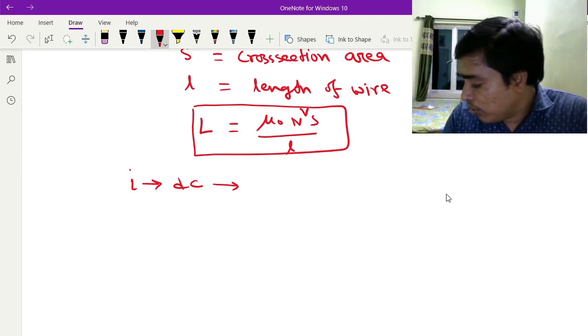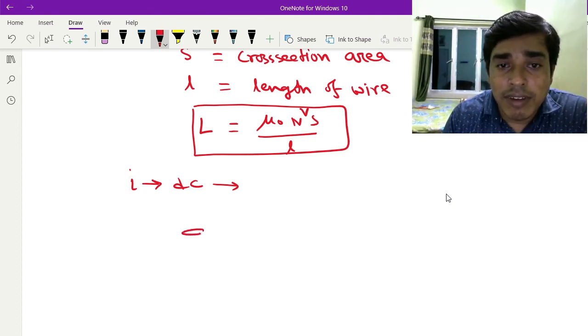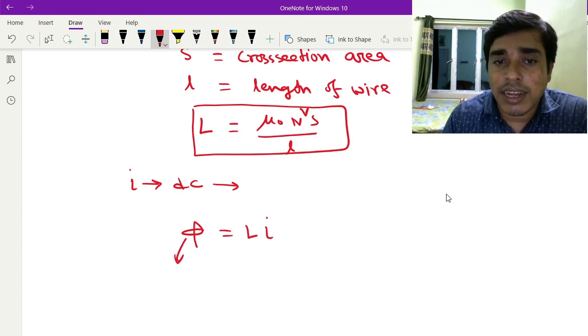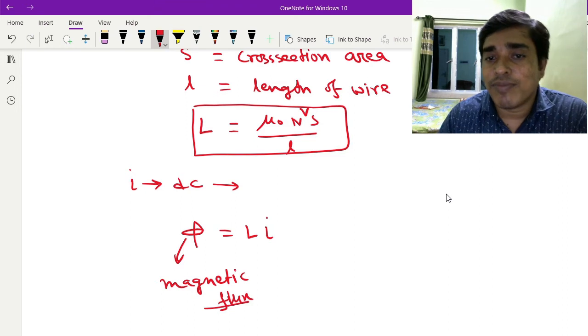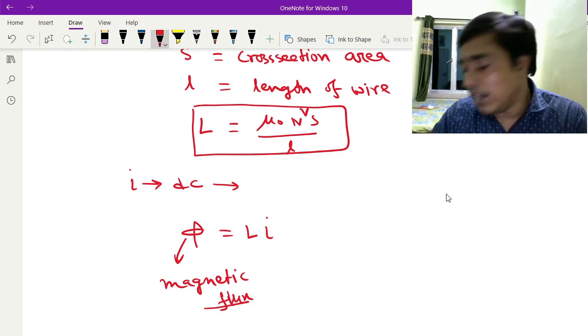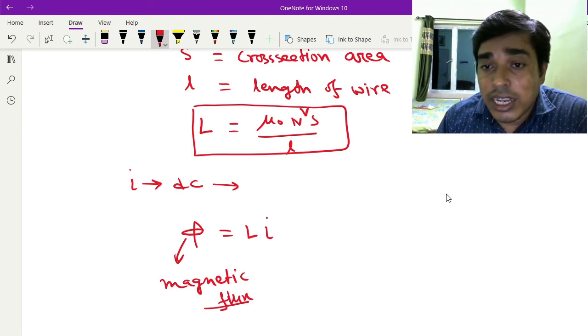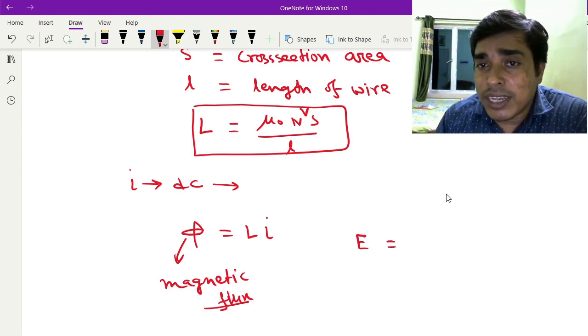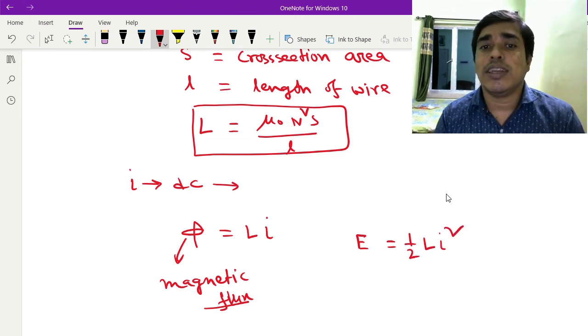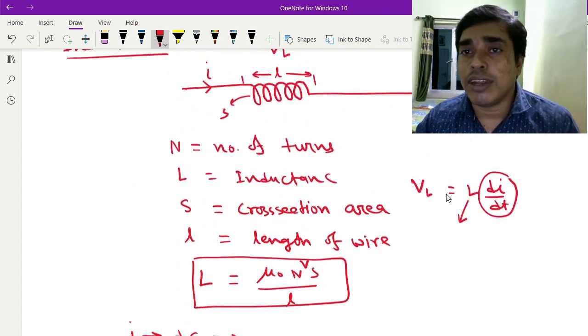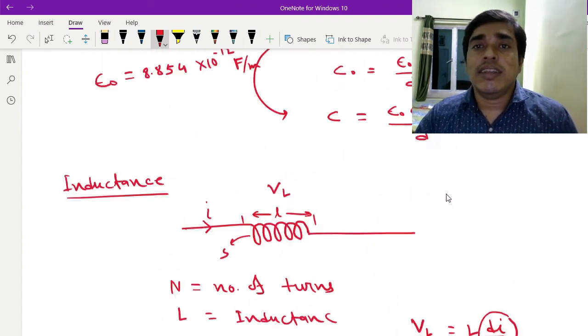The magnetic flux equals Li. This is the relation of L and I, and the energy stored by this inductor equals half Li squared.